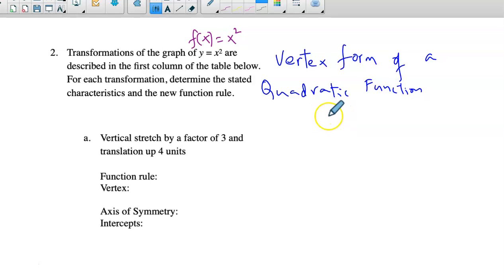That is, f of x is equal to a times (x minus h) whole squared plus k.